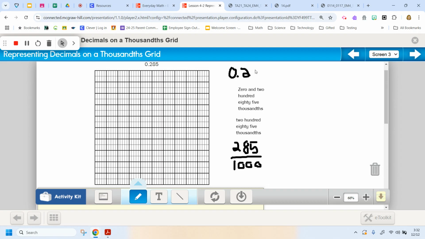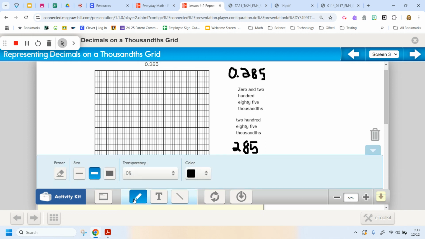So I could have 0.285, and if I add a 0 at the end of it, it is still the same number.